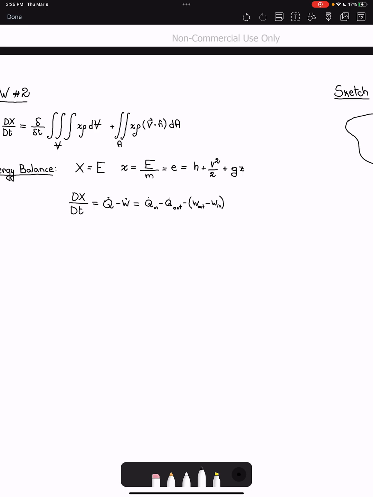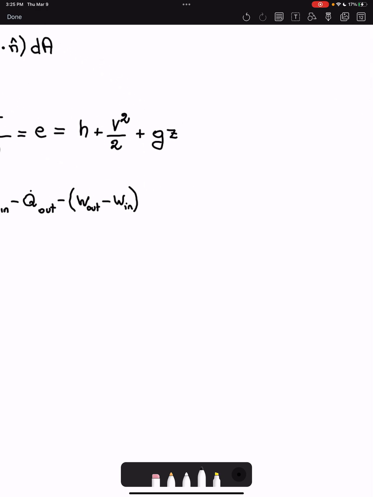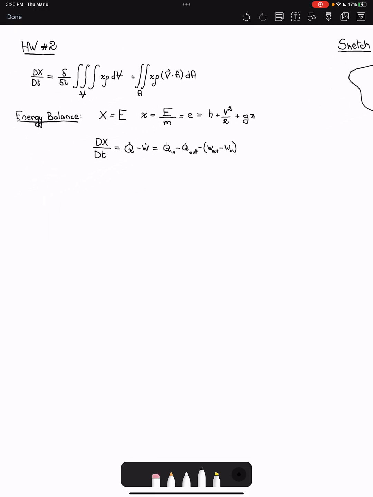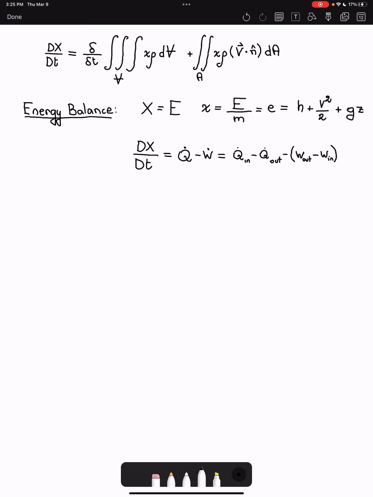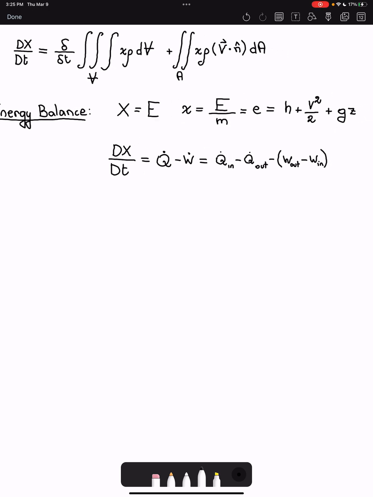I said it backwards, so it's confusing because in thermodynamics the work out of a system is positive, and yet in this formula the work out is negative. But just look at the data pack and make sure that you have the proper signs. Work in has to be positive, which it will be if you distribute the negative sign. So now that we have this, we can substitute that for dx dt, but we'll do that later.